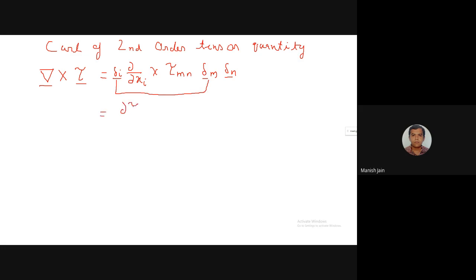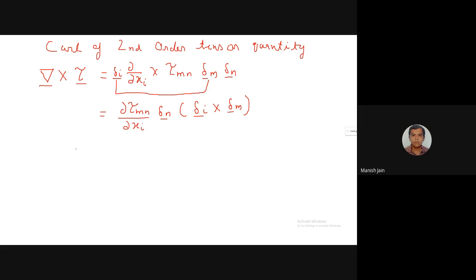So you have tau mn divided by del xi, del n will remain as it is, and you have the cross product del i cross del m.